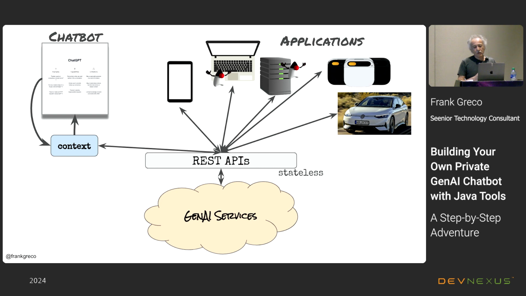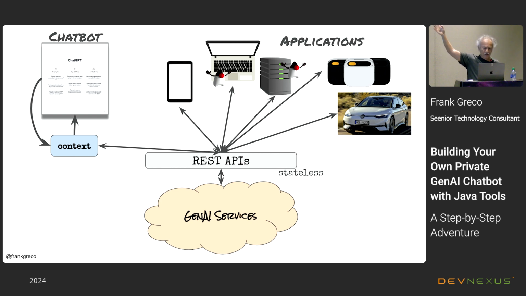There are REST APIs, and we're all familiar with REST APIs for this stuff. OpenAI has them. I think there's native Python and native JavaScript, but all the rest are REST. They're stateless calls, whether it's in a Volkswagen.